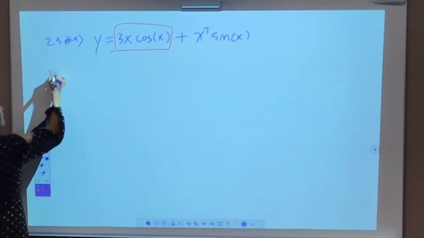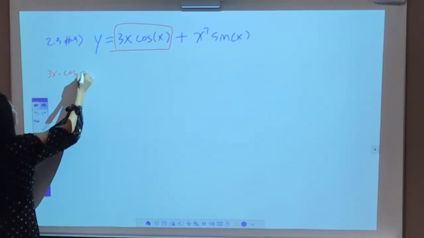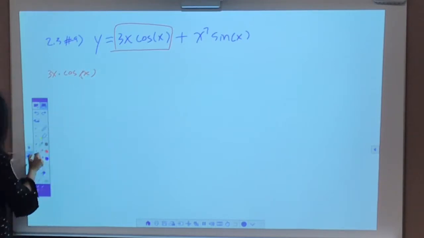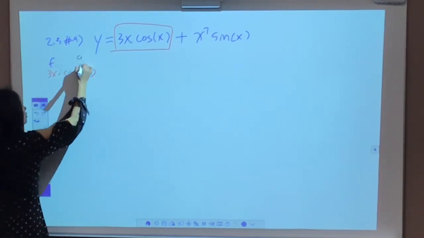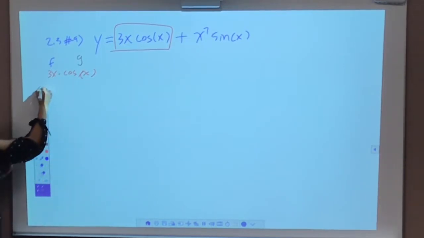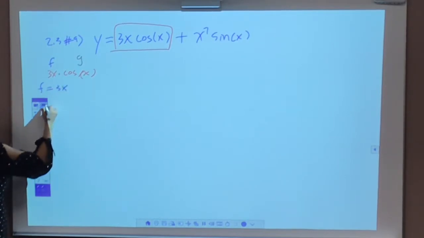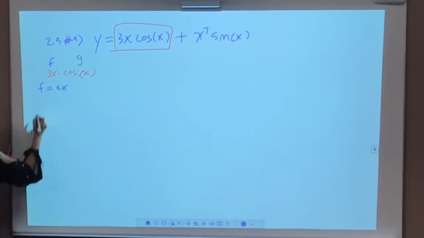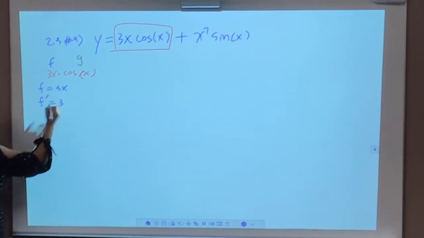So I have a 3x cosine x. You can think of this as your f, and that's your g. Right, with me? So I'm gonna do my f first. So f is 3x. F prime is what? 3.